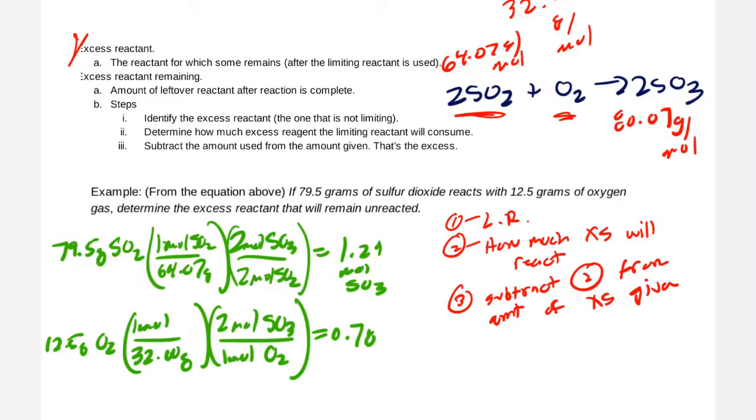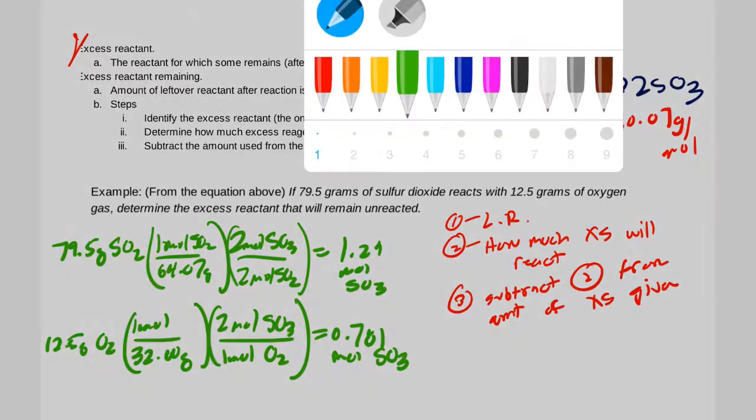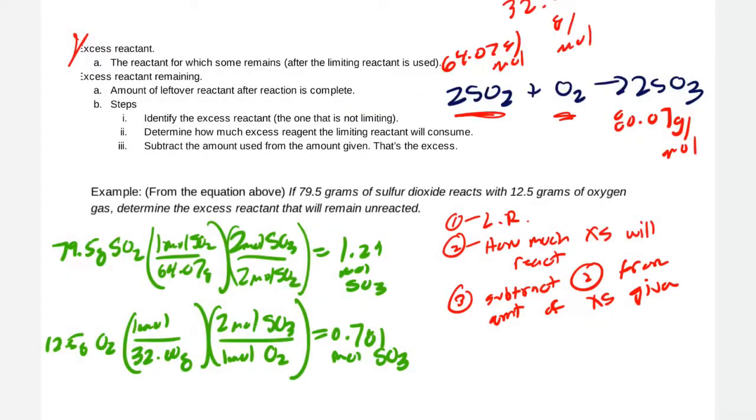And I get 0.781 moles of SO3. Quick test, folks. What is the limiting reactant here? 3, 2, 1. This is my limiting reactant because it makes less sulfur trioxide.